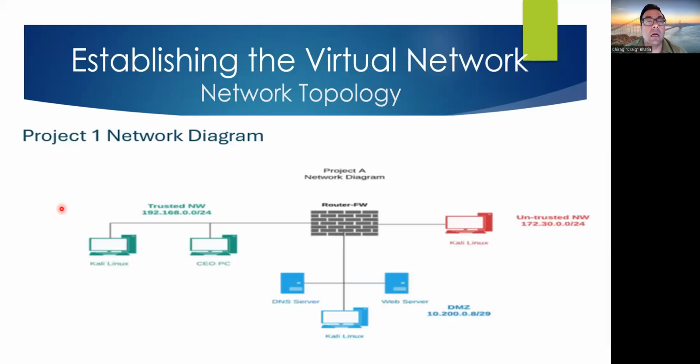So here is what the network that we've set up today actually looks like in this network topology. This is the user's PC, called the CEO PC here, and this is a Kali Linux machine that is user adjacent. Here we have the demilitarized zone, which has the domain name server, the web server, and then a Kali, which we're going to call Kali DMZ since it's in this zone.